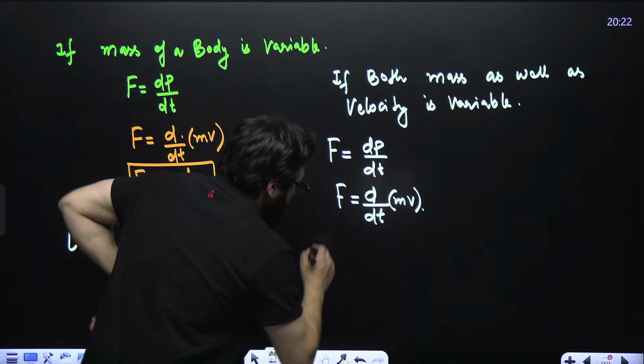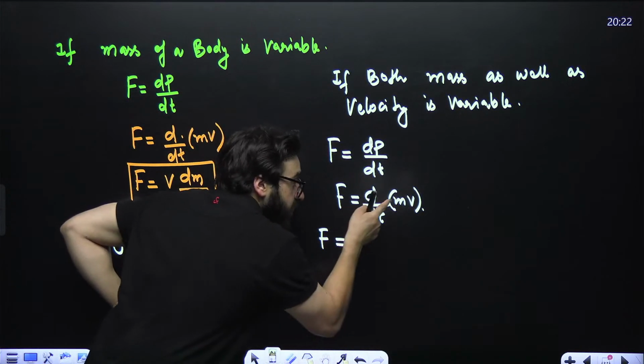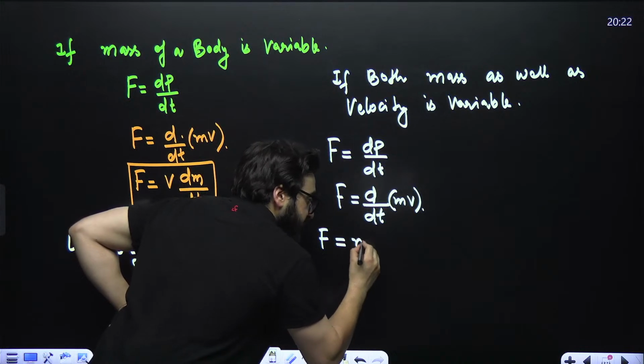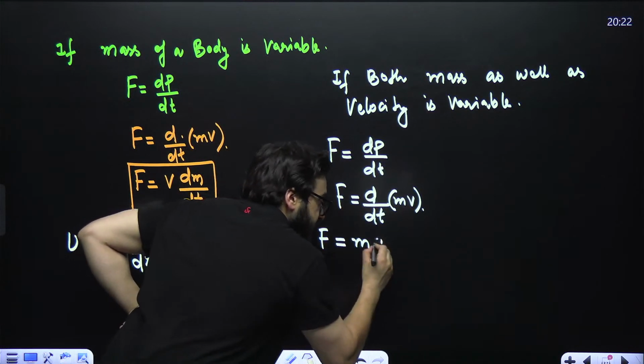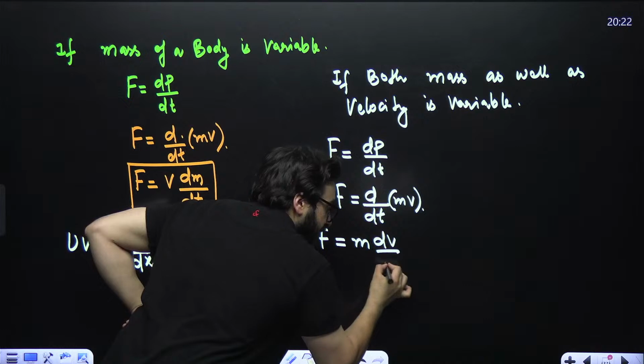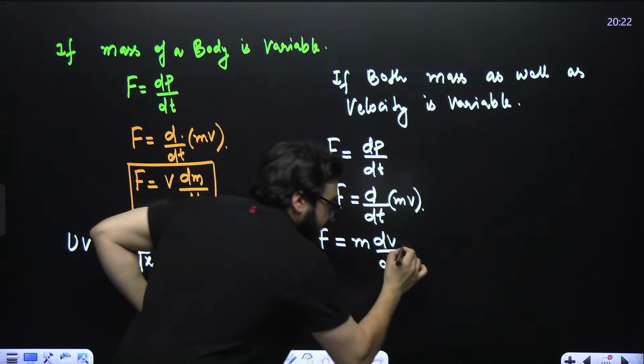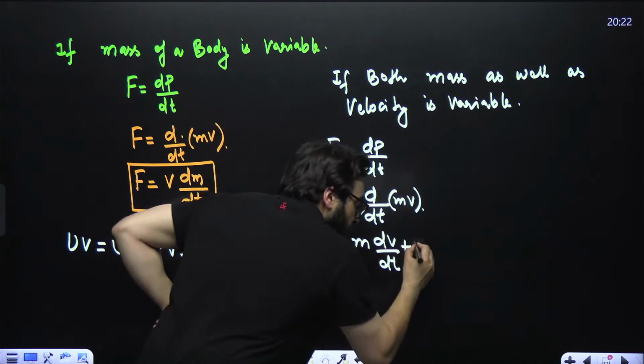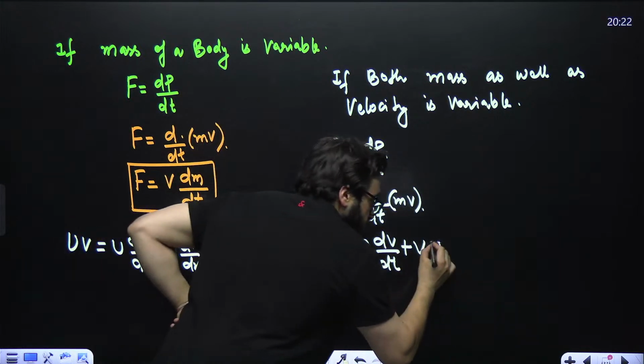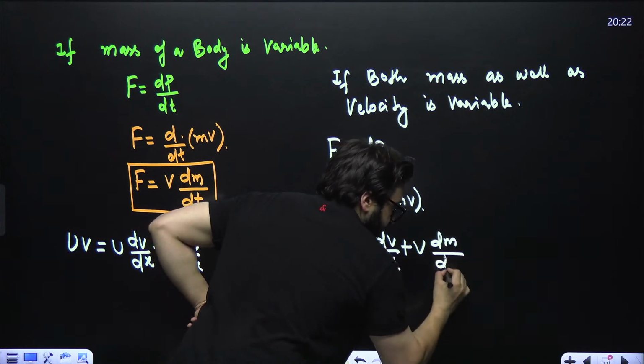So here I can say F is equal to, first keep the mass as it is, then differentiation of velocity, dv by dt, plus keep velocity as it is, then differentiation of mass, dm divided by dt.